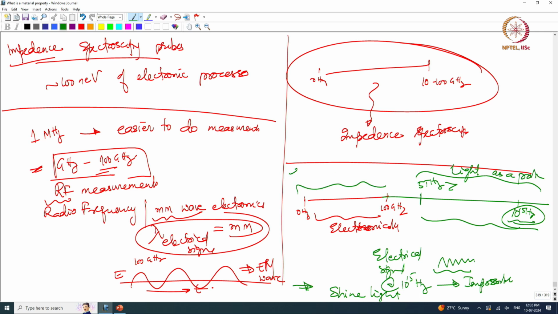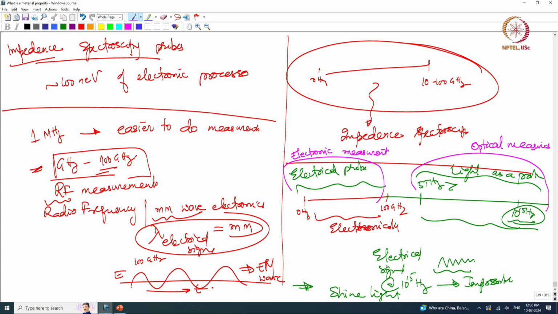Here I use electrical probes, so for lack of a better word, I do electronic measurements in these frequencies, and in this frequency I do optical measurements. So, I have to go to optics from electronics, right about 100 gigahertz, where I cannot do electronic measurements anymore.